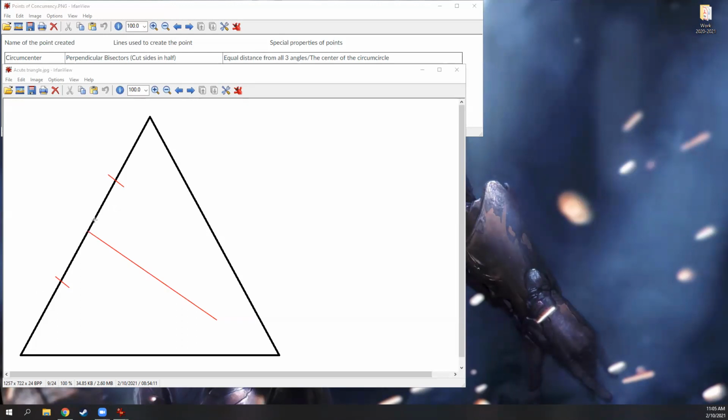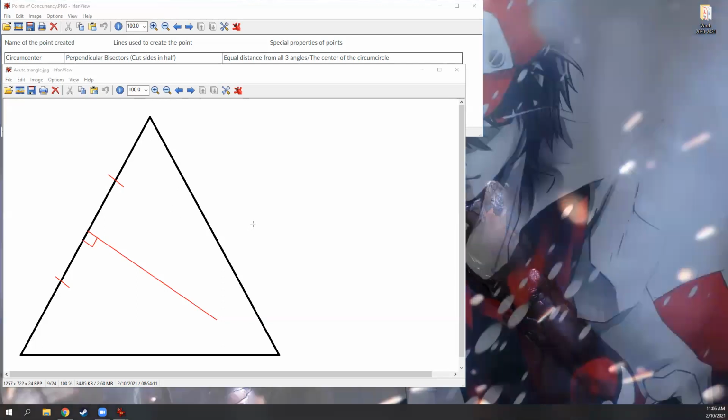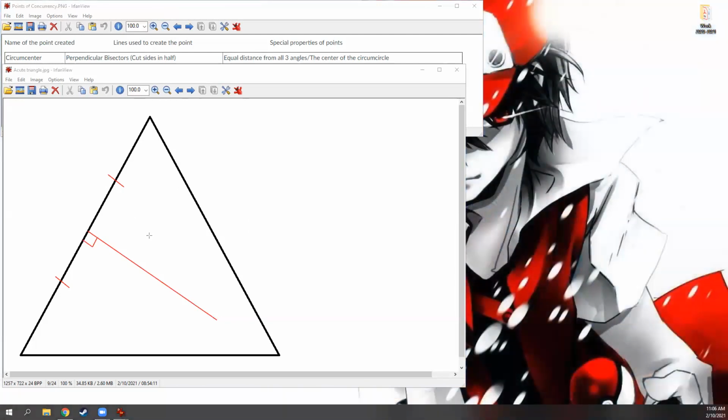So this is cut in half, it is bisected. I'm also going to say that right here is a right angle. This is a perpendicular bisector. It is cutting the side in half, and this line that is cutting the side in half is also leaving the side at a 90-degree angle. That is a perpendicular bisector.